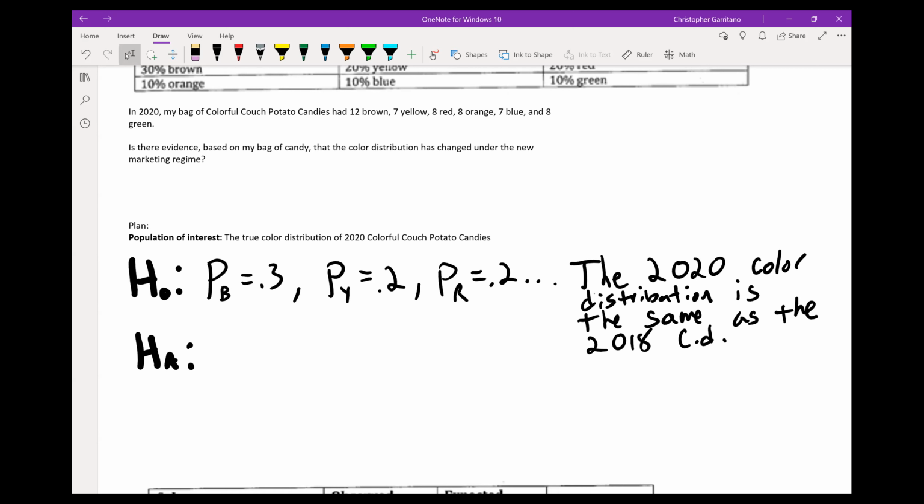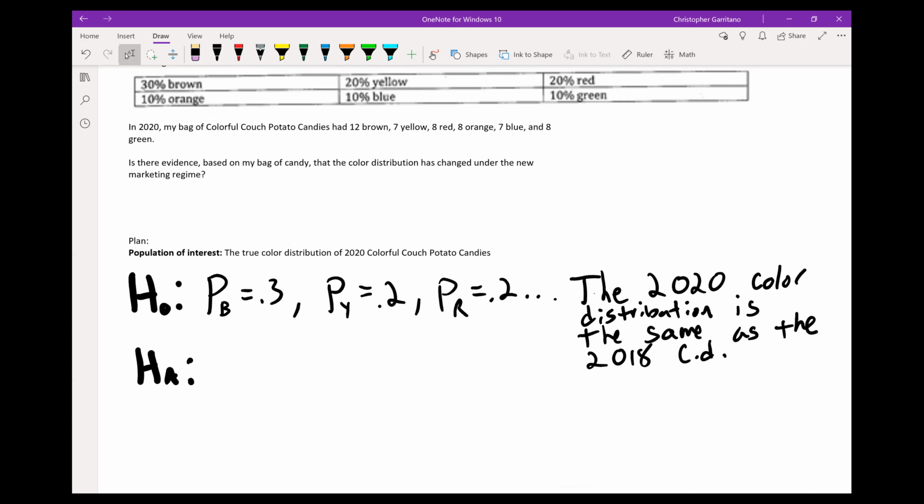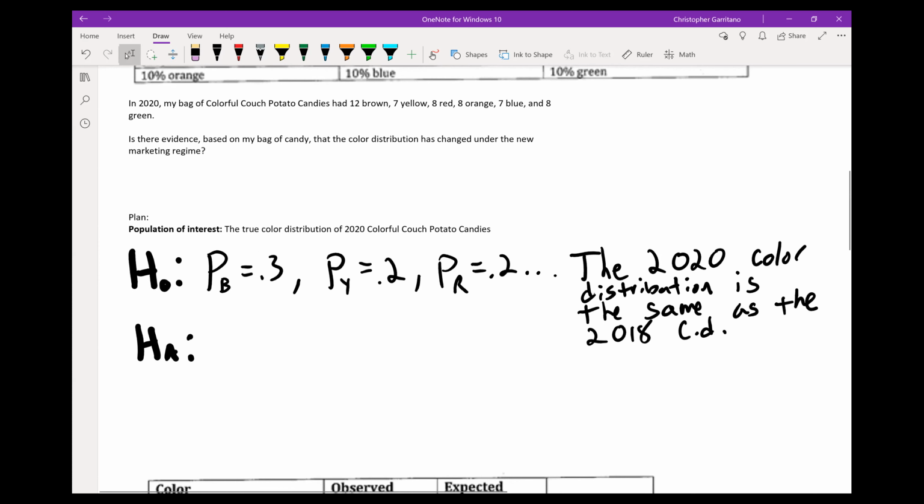All right, assuming you maybe paused the video and thought about it, the alternative would just be that at least one of these color proportions is different. We don't necessarily need the whole thing to be different. If at least one of these color distribution proportions is different, then that means the null hypothesis is false, right? So that's going to be our alternative.